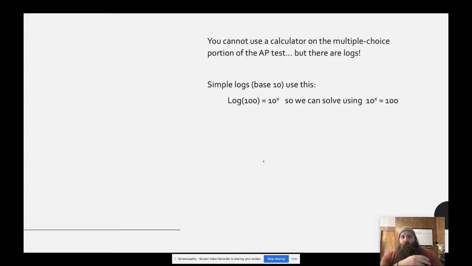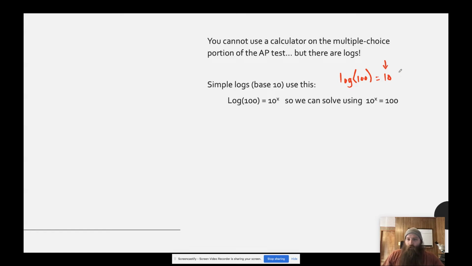So if you have a simple log, one that's a log base 10, then use this. We know that the log of 100 is x, where 10 to the x equals 100. X is whatever we would raise 10 to get 100. So in this case, it would be 2. And so we can just solve that. Get rid of the log, say 10 to the x equals 100. When you put log of 100 into your calculator, you get 2.